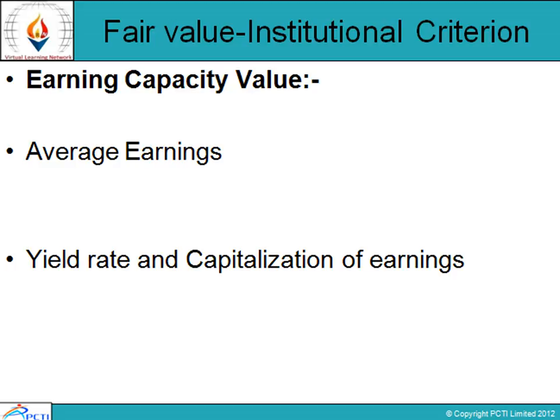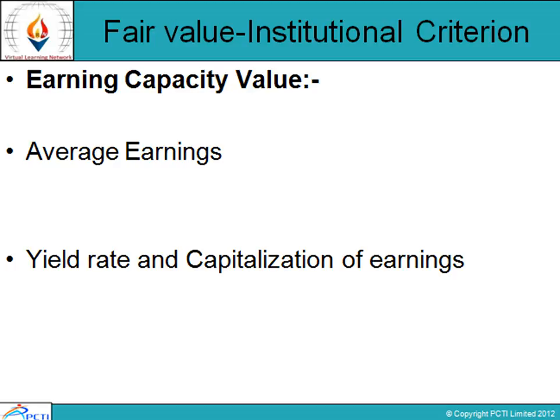So the average market price of the share, high or low, for the past 3 years is to be taken into account. To arrive at the fair value of a share on an average, first the breakup value is considered, second the earning capacity value, and third the average of market prices, whether high or low, for the last 3 years can be worked out.